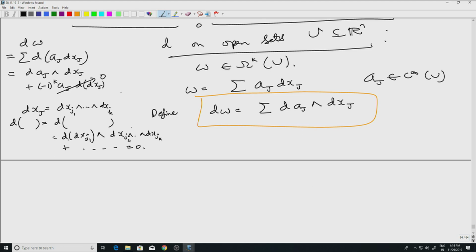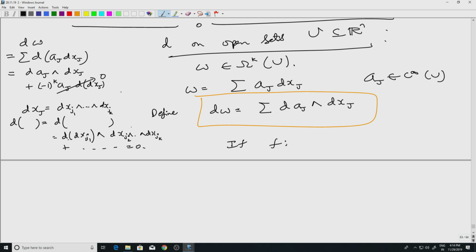Now let's look at it a bit more carefully. This is what we have here. First let's try to see, if f from U is a C infinity function, df we know is a one form.